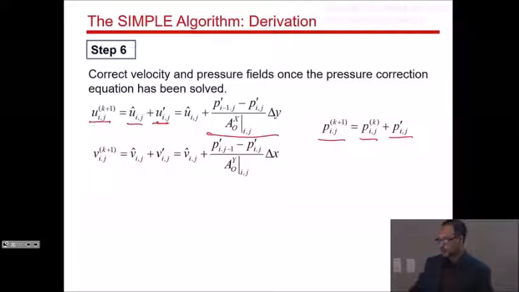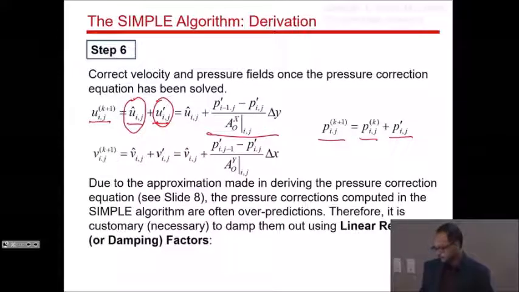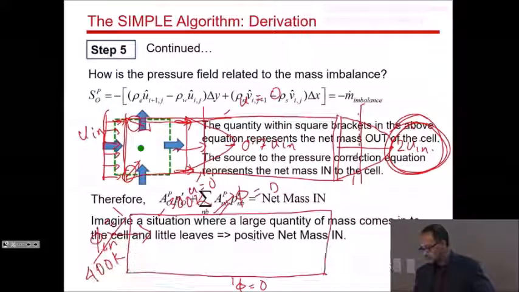This here is the velocity field that I got by solving the momentum equation. Now I'm correcting it because this new pressure field satisfies the continuity equation also. Now, the pressure corrections that we often compute using SIMPLE are over-predicted. This is a common thing that people have observed. I think in your notes I say slide 21, but that's because I had an old set of slides; it's slide 8.